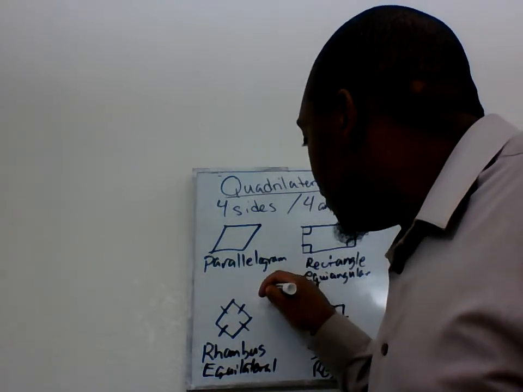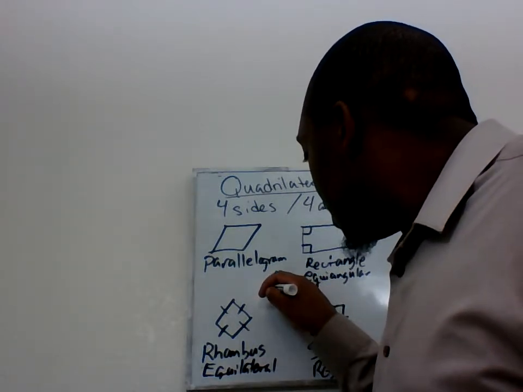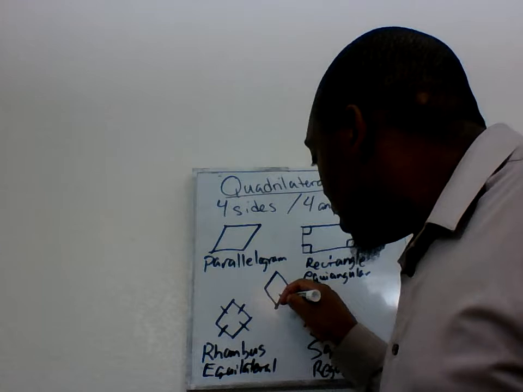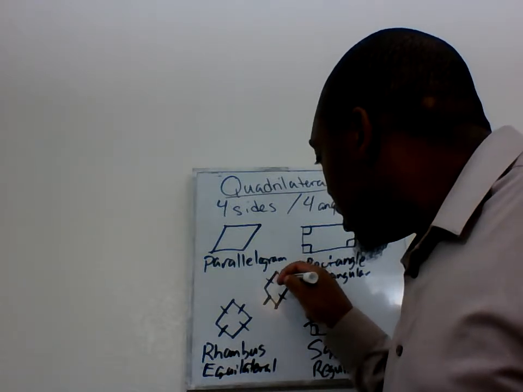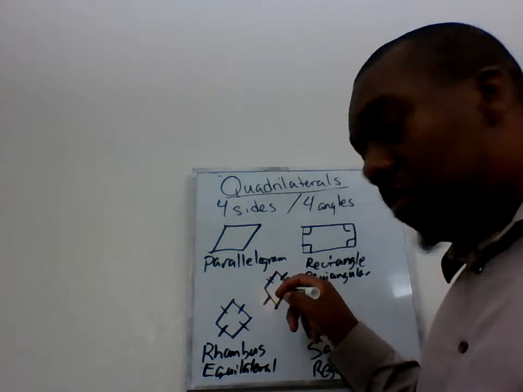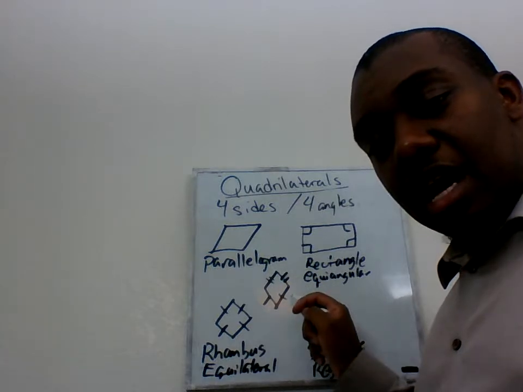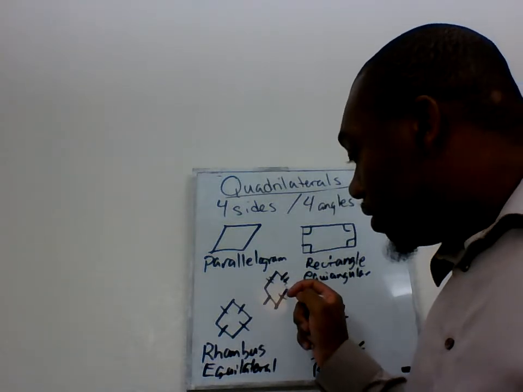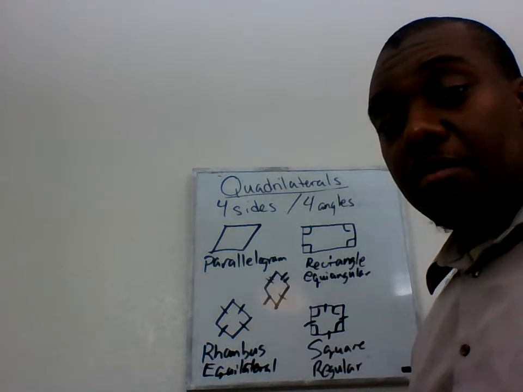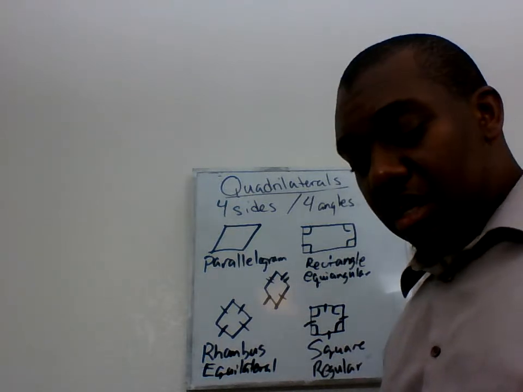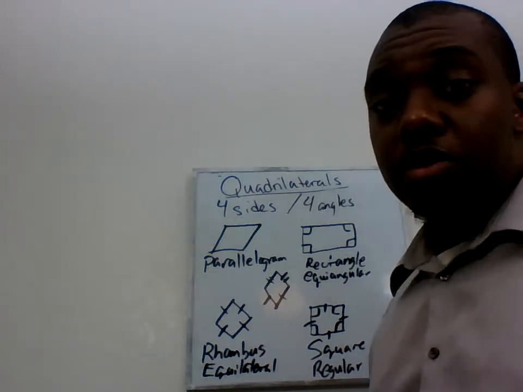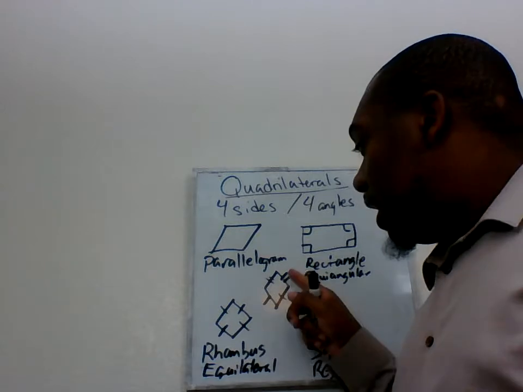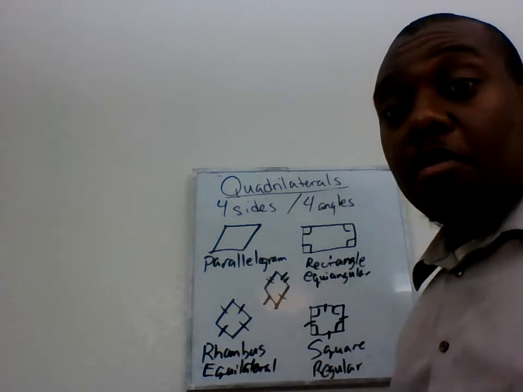So kites are very interesting, actually. And so with a kite, what we end up having is that adjacent sides are congruent, meaning they have the same measurement. Many of you have probably seen a kite flown in a movie or in your own personal life, a normal kite. It's called a kite because it has the shape of a kite.